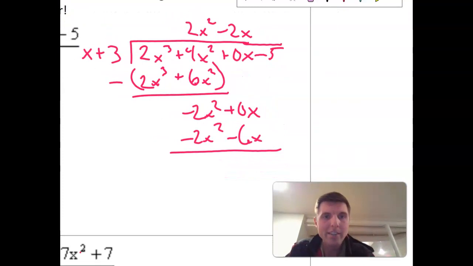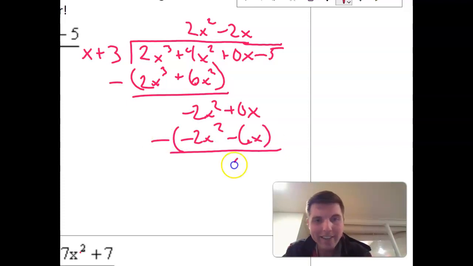And now let's subtract. I like to add parentheses in my subtraction symbol, just so I'm not confusing myself. So now 0 minus negative 6. So like 6x, bring the 5 down, and it's plus 6 at the end. x times 6 gives you 6x.